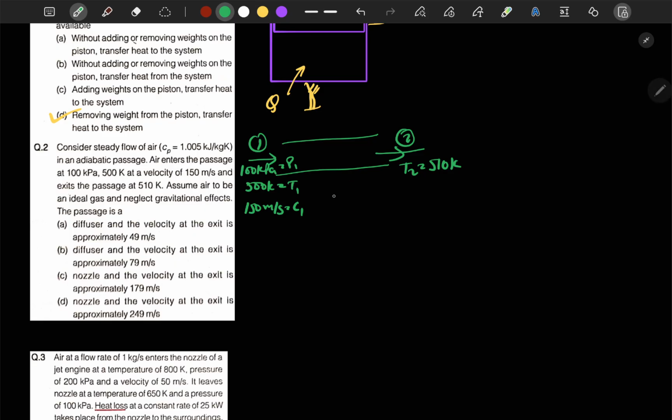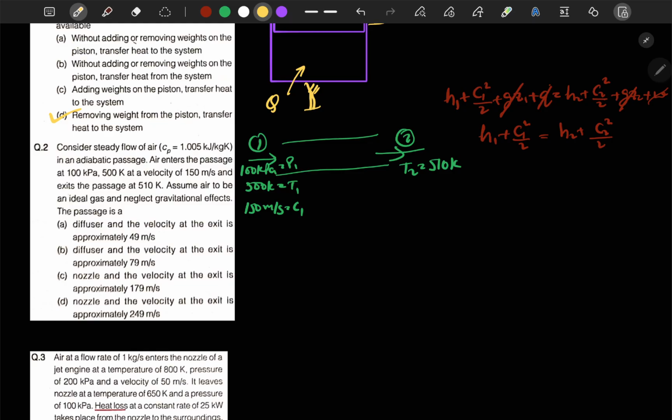Let's first write the steady flow energy equation: H1 plus C1 square by 2 plus gZ1 plus Q is equal to H2 plus C2 square by 2 plus gZ2 plus W. Now we can see there is no potential change, no heat transfer and no work transfer, so we get H1 plus C1 square by 2 is equal to H2 plus C2 square by 2.